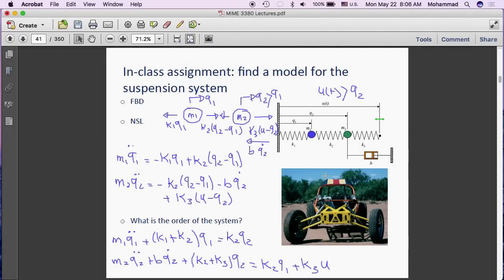The way to answer that question is, what causes any change or any motion in the system? So the input to the system is the road surface roughness. The input to the system is U.